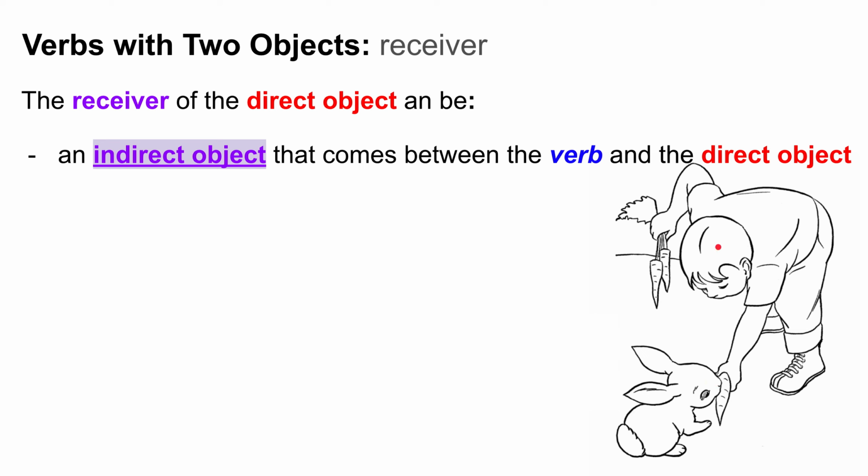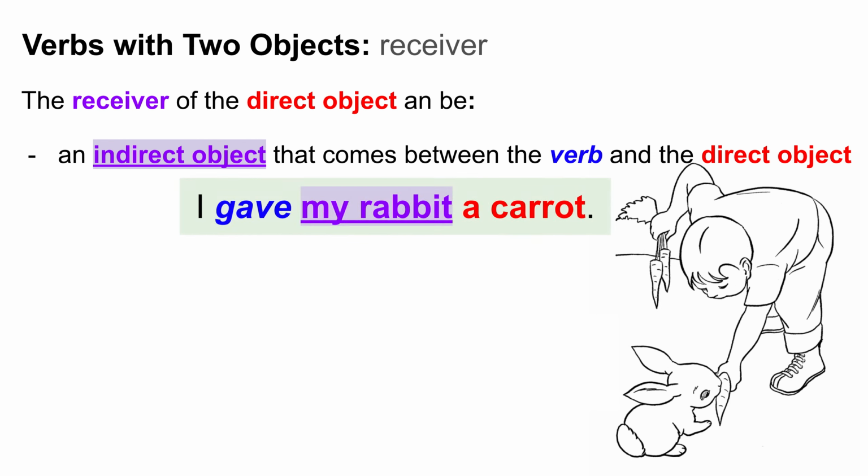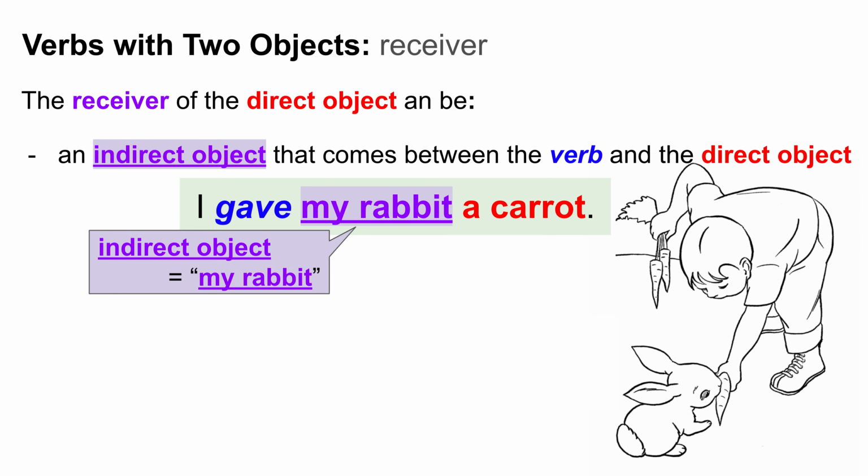And the boy gives the rabbit a carrot. So, what is the indirect object? I gave my rabbit a carrot. What is the indirect object? My rabbit. And a carrot is the direct object.